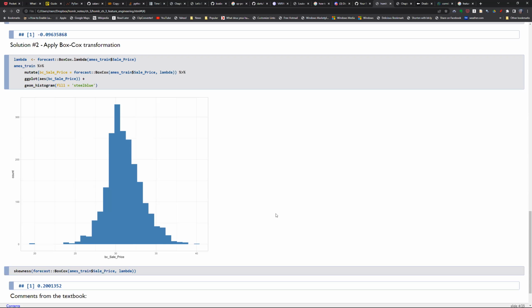For example, log y equals beta 0 plus beta 1 x1 plus an error term. In that case, how can we interpret this? Beta 1 here is a coefficient.